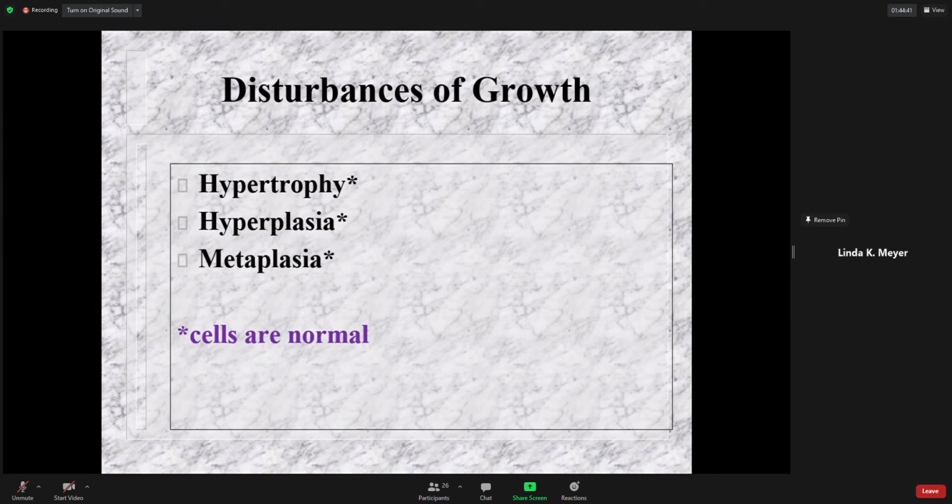The cells are normal, but they have this increased functional demand on them. So they change in certain ways. But in every case of these, as I distinguish among them, the cells are normal, in contrast to neoplasia, which is in a separate category.